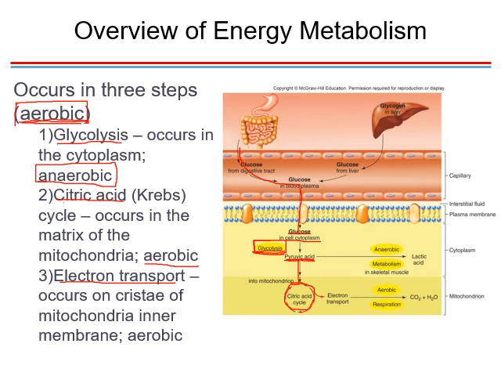Citric acid cycle, where do you see it occurring? After we get to pyruvic acid, we go into the mitochondria.